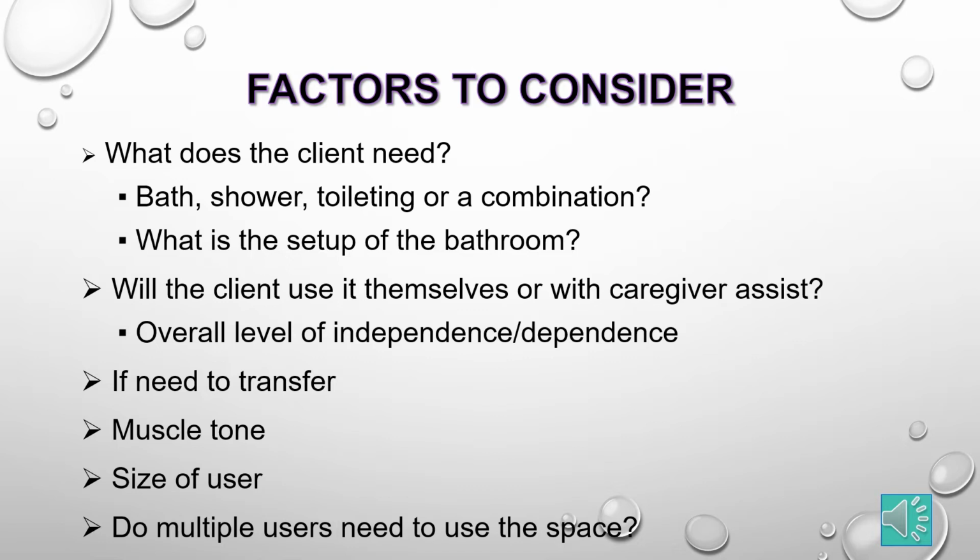Also, we need to consider, will the client use it themselves or with caregiver assistance? Overall, what is the level of independence or dependence of the client? Whether the client needs to be transferred, what is the muscle tone? What is the size of the client or the user? And the most important, do multiple users need to use the space?